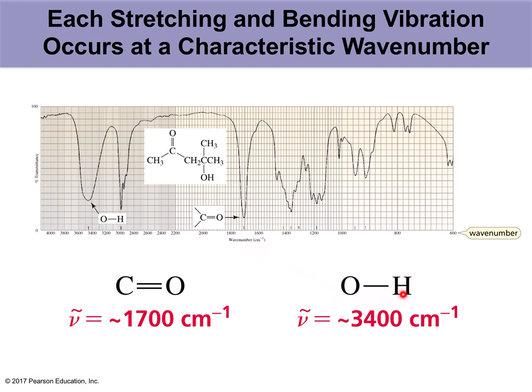And then the OH stretching peak appears around 3400, somewhere here, and it is a broad peak due to the hydrogen bonding. We'll talk about it later in more detail. So this is how an IR spectrum looks like. Okay.